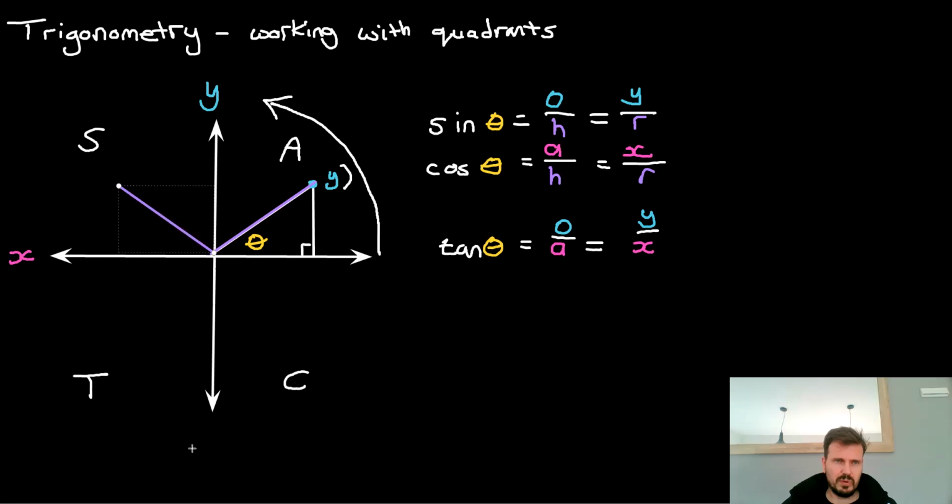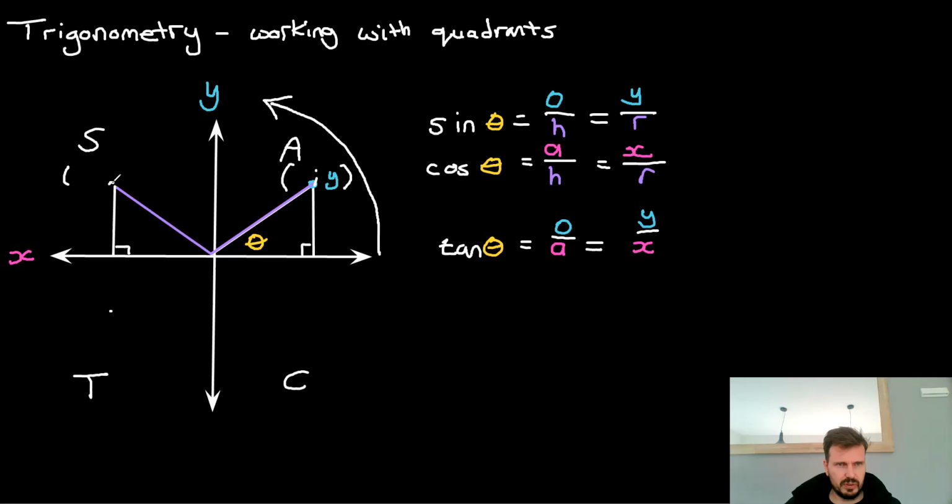So again, you can drop your perpendicular down here. Now I'm not going to do all of them. I'm just going to do the coordinates. So this coordinate here, we had an x.